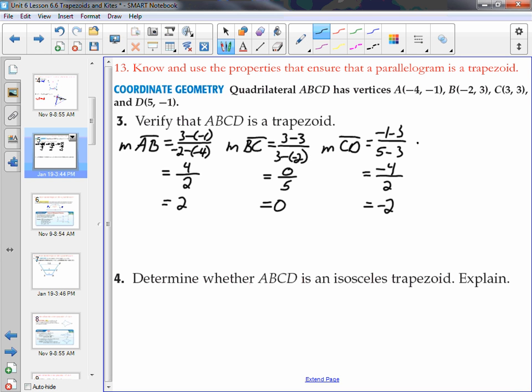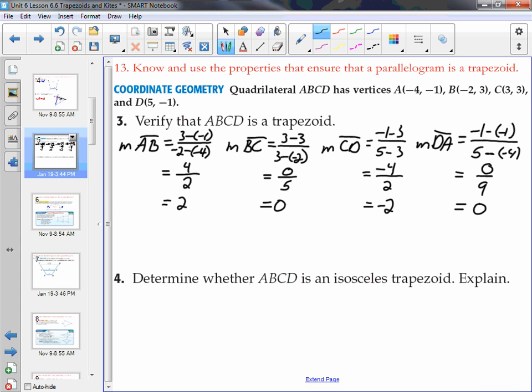And then last, the slope of, what have I not found yet? DA would be -1 minus -1 over 5 minus -4. So that's 0 over 9. That's 0.